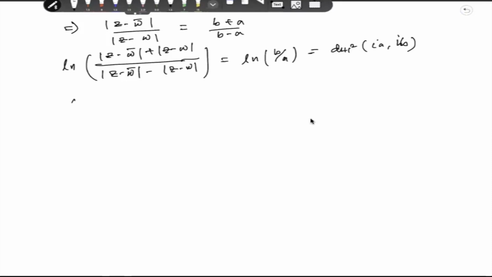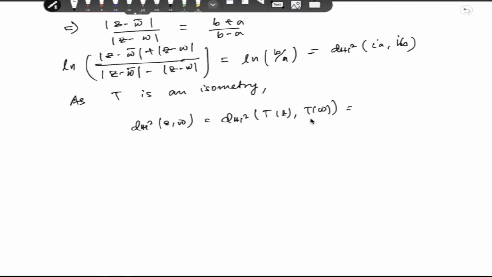And as T is an isometry, the distance between Z and W is equal to the distance between T of Z and T of W, which is nothing but the distance between iA and iB.